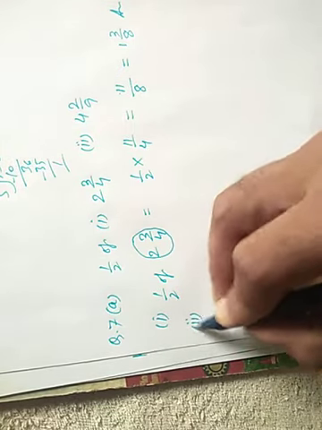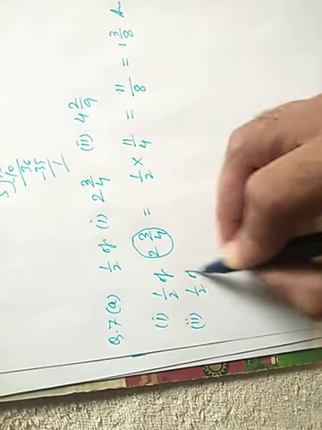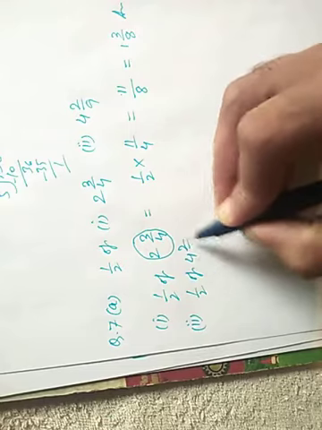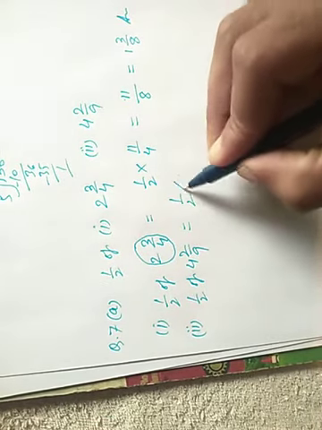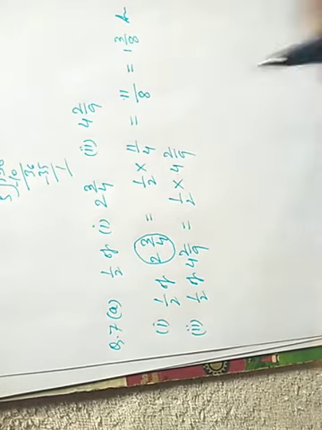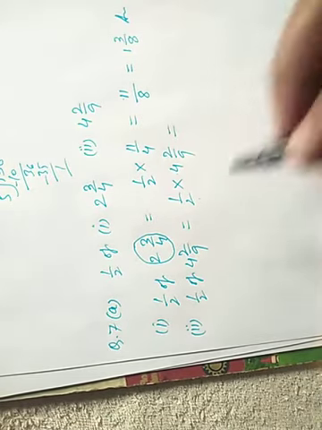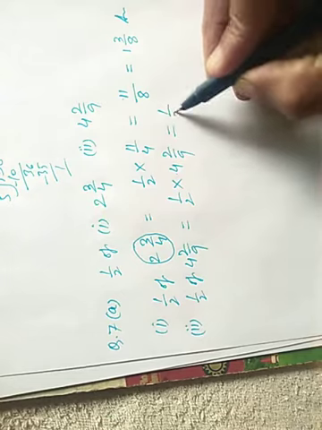The second part is 1 upon 2 of 4 2 upon 9. It will be equal to 1 upon 2 multiplied by 4 2 upon 9, and we will convert it into an improper fraction.